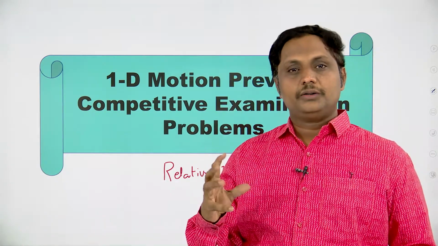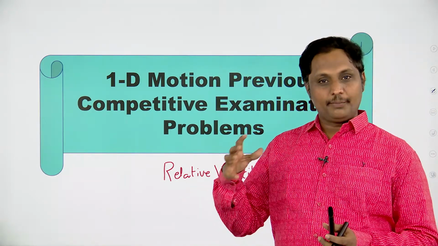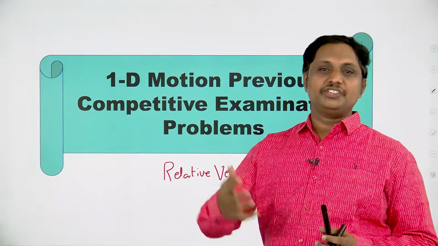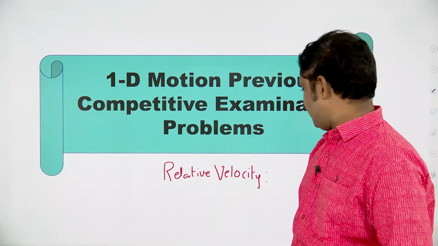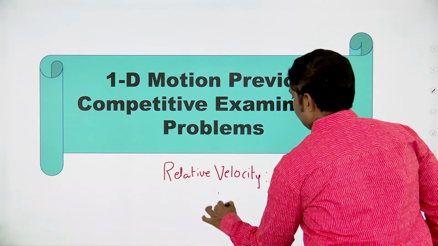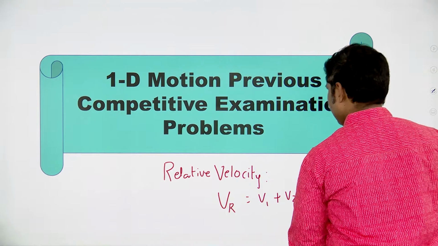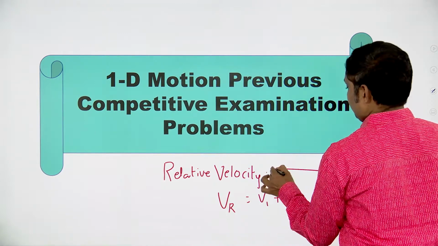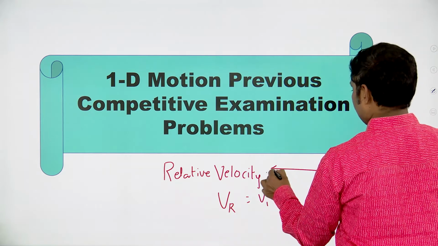If the moving objects, a car or a bike, are going to cross over each other and overtake, just consider VR is equal to V1 plus V2, right, if they are going to be moving in opposite directions.